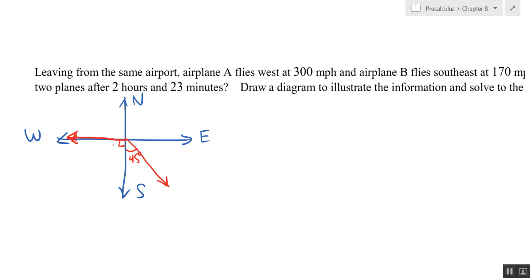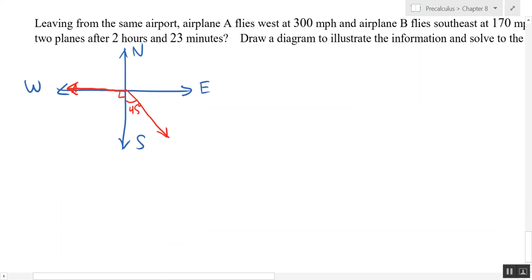Let's translate this drawing to a triangle. And we can draw the two planes. Obviously, this is the airport. We'll call that angle C. And we know that it is 135 degrees.